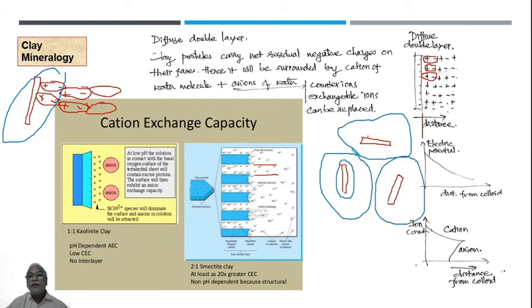Like that, a number of clay particles will be there, with a lot of water surrounding them. When you try to push one clay particle, this particle easily slides on the surface of the water without much problem. That's why the clay exhibits that plastic property.